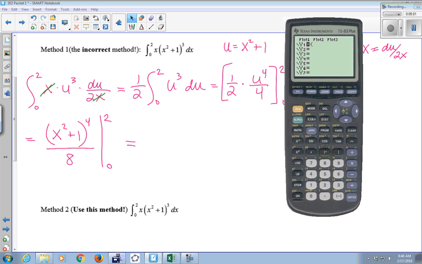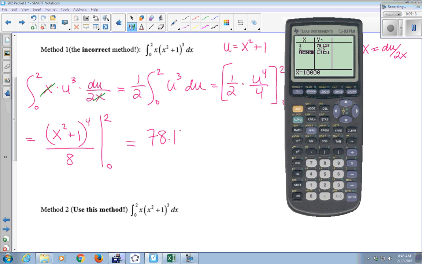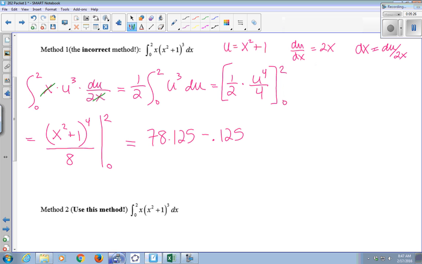So I'm going to put x squared plus 1 raised to the 4th all over 8. And then I can use my table to tell me the value at 2 and at 0. So I get 78.125 when you plug in a 2, and you get 0.125 when you plug in 0. So that comes out to 78.